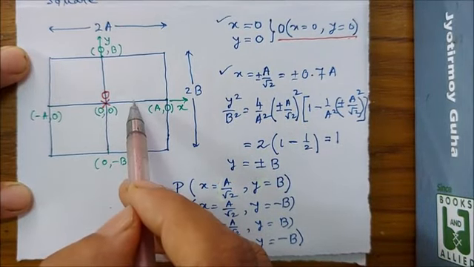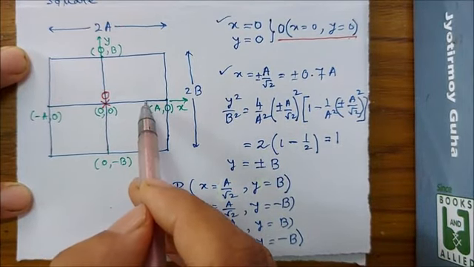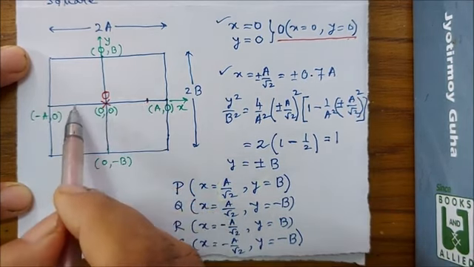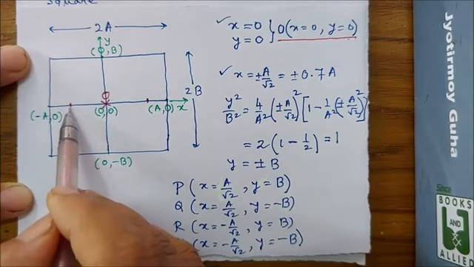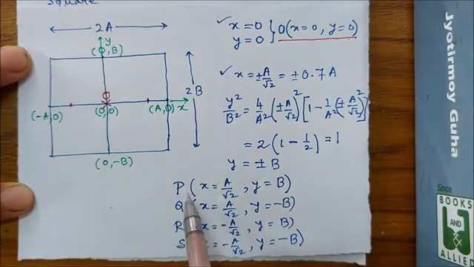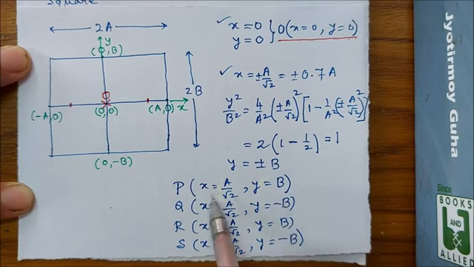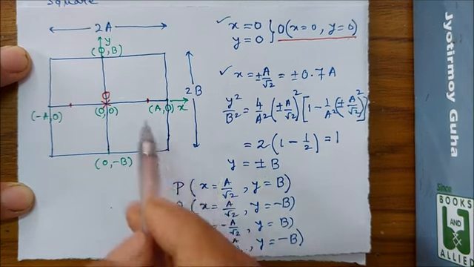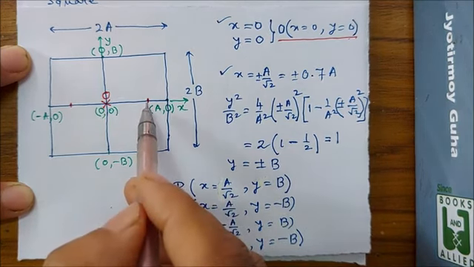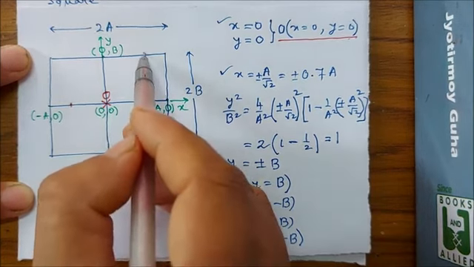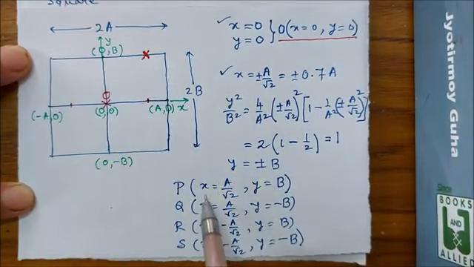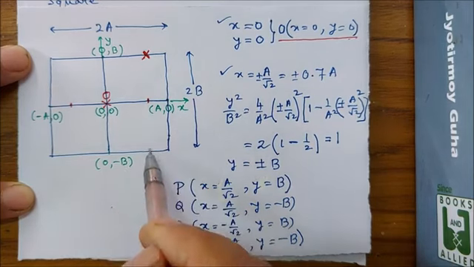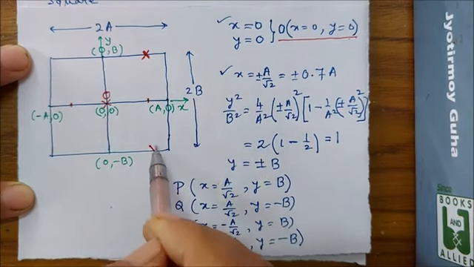This is 0.5, so this is 0.7 say, and here also this is 0.5, this is 0.7 say, and P will correspond to y equal to b for x equal to a by root 2. So this is x equal to a by root 2 and y equal to b is here, so this is a point which we get. And for the same x, we have y equal to minus b. So this is another point that we get.